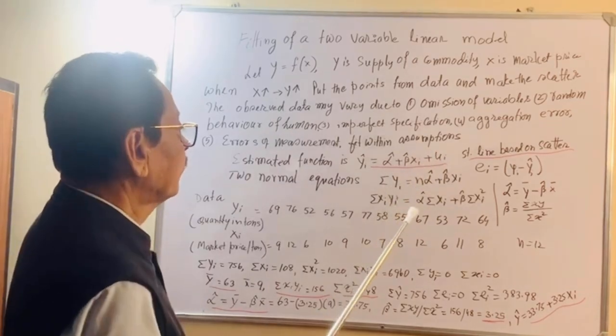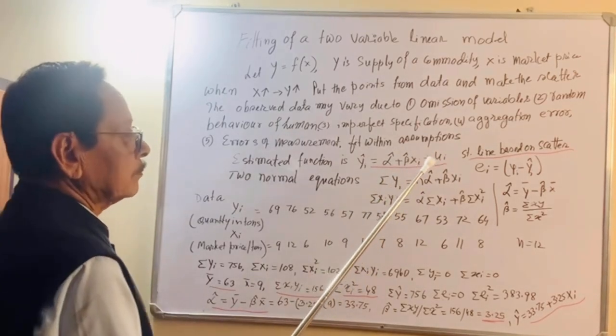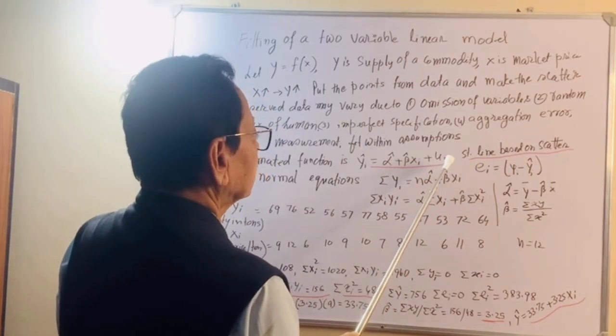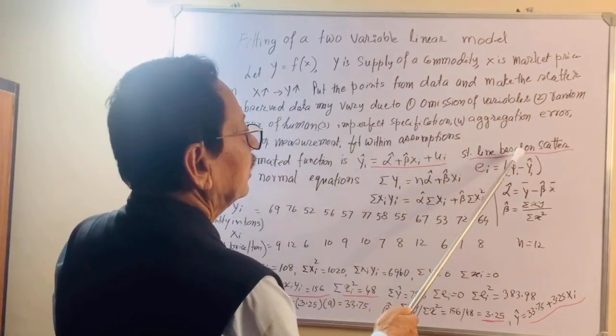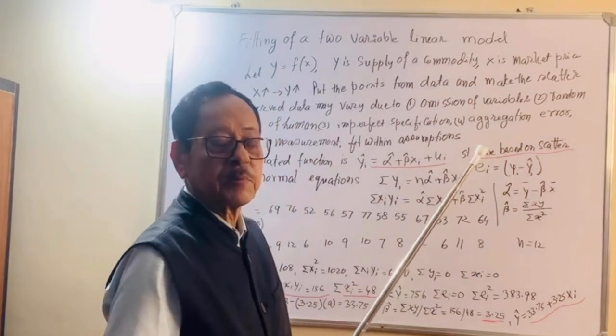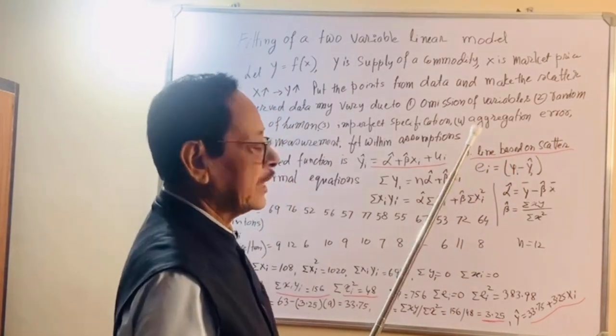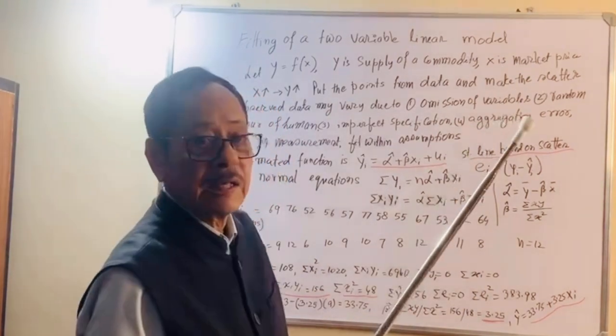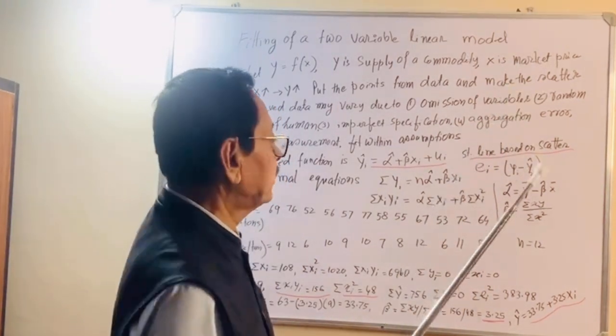Ui is the error. And it is a straight line. Suppose it is a straight line based on the scatter. So first we will have to put the scatter. So the scatter indicates that a straight line will be best fitted.